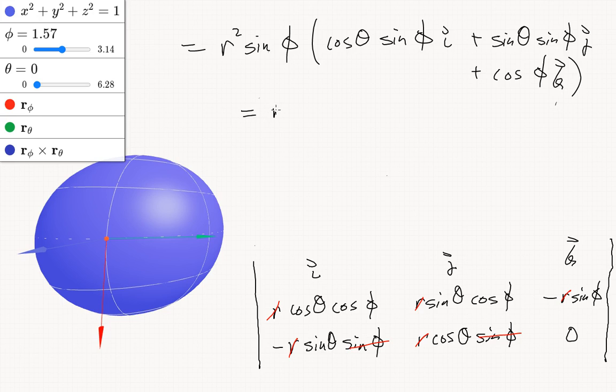What you might notice is this is the same as r squared sine phi times x i plus y j plus z k.